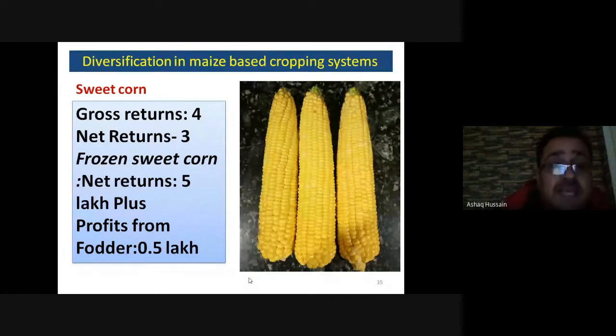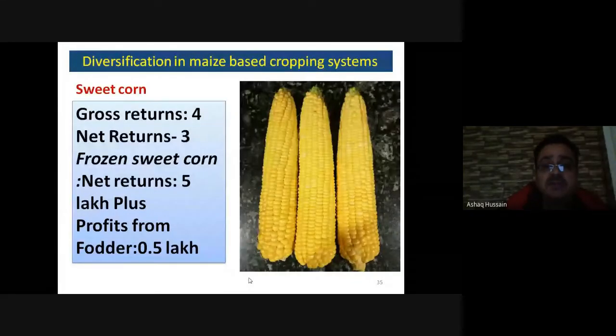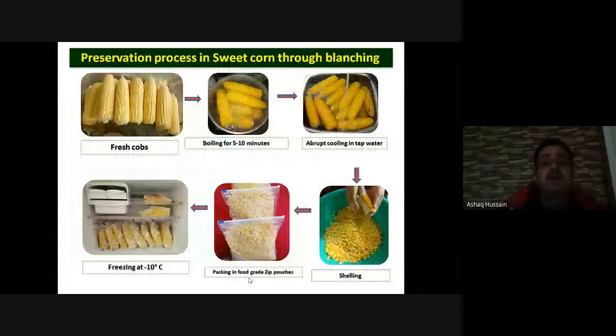From this crop, we can generate around 4 lakh rupees of net profit per hectare, and this crop comes up very well under Kashmir Valley conditions. Apart from that, it also gives very good green fodder. It takes around 100 days, and from August itself we can harvest.